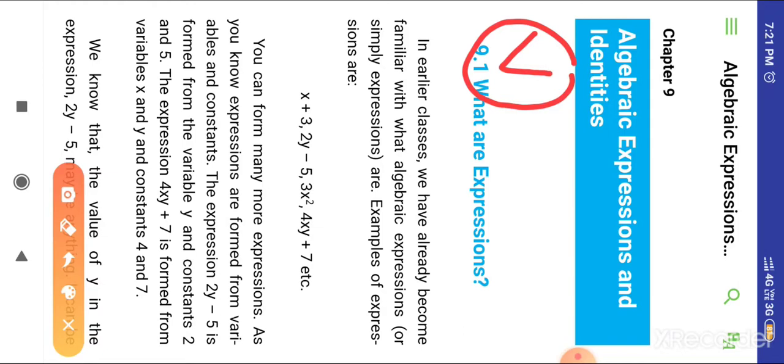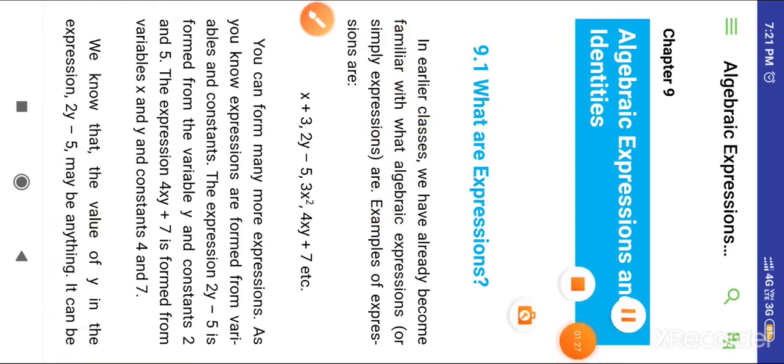Now we are going to convert both the rational numbers with denominator 21. The first rational number is minus 5 upon 7. We have to convert 7 into 21.